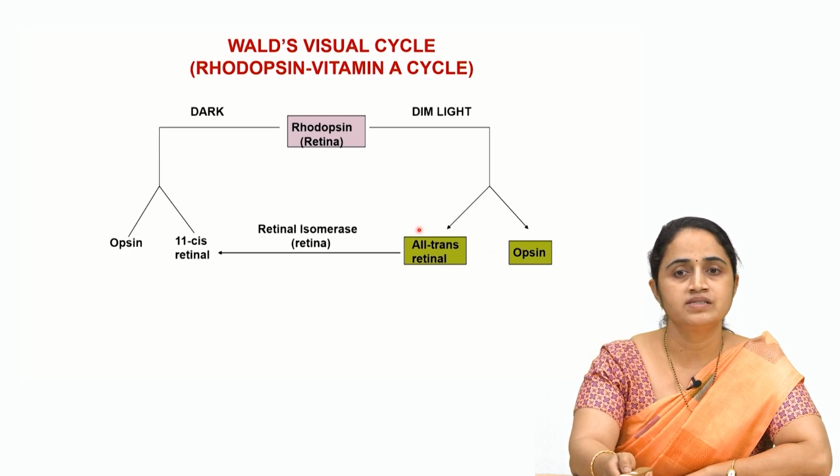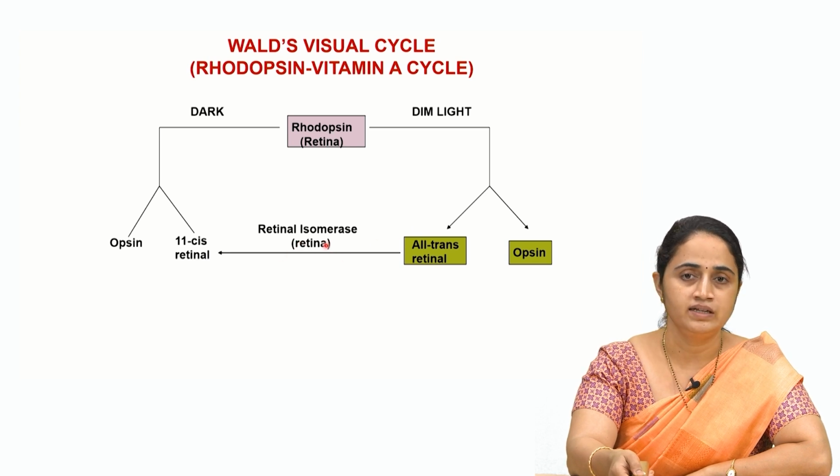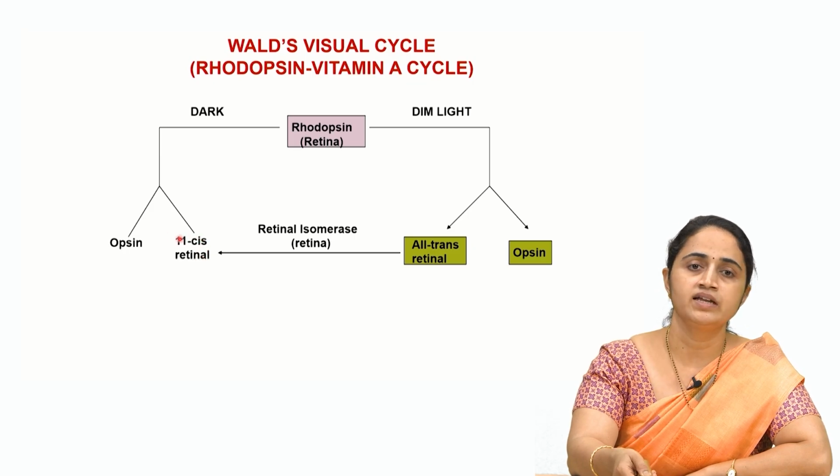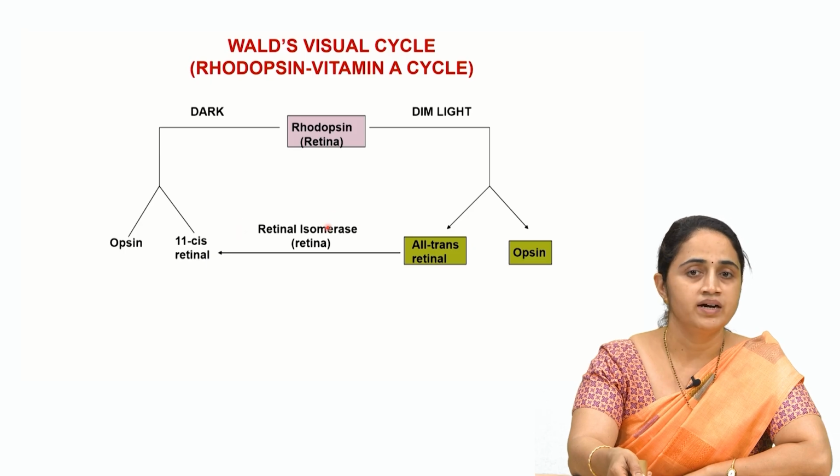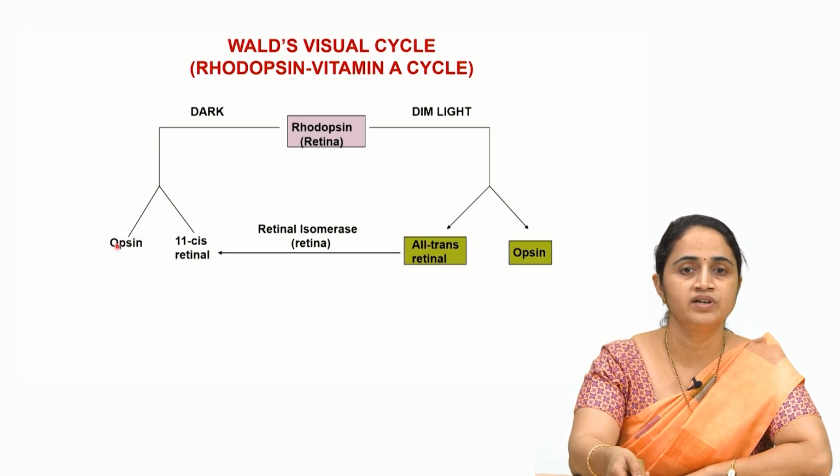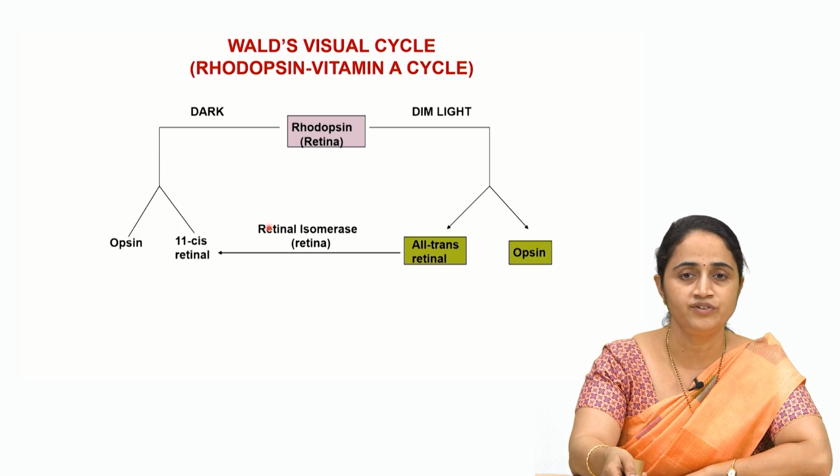Once this all trans retinal is formed, in the retina it can be converted back to 11-cis retinal, which can combine with opsin and the cycle gets completed. But this conversion of all trans retinal to 11-cis retinal by the retinal isomerase is inefficient.